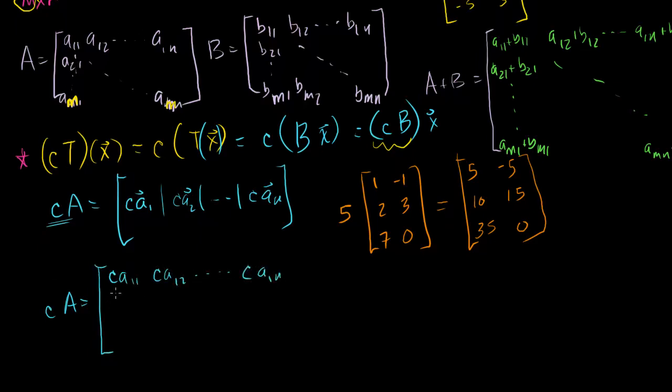You go down this way, C times A21, all the way down to C times AM1. And then if you go down the diagonal, it's C times AMN. You literally just take your scalar and multiply it times every entry in A, and that's all you have to do. So hopefully this clarified things up a little bit, or maybe it was a bit of a review from things you might have learned in high school.